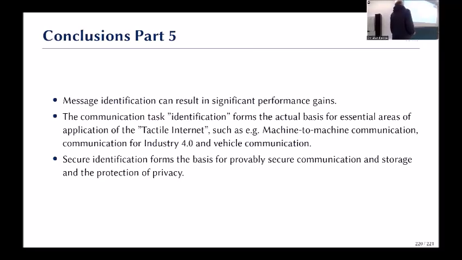And I didn't go into details, but you can think about vehicle communication might also be an application of identification, when you just want to identify: is one car crossing my line, yes or no. And secure identification forms the basis for provable secure communication and storage for protection of privacy.